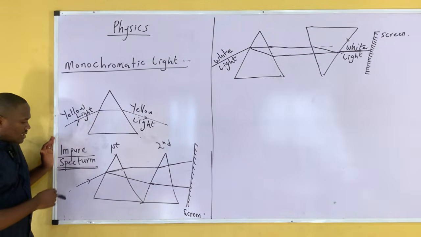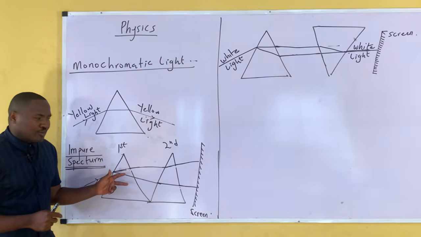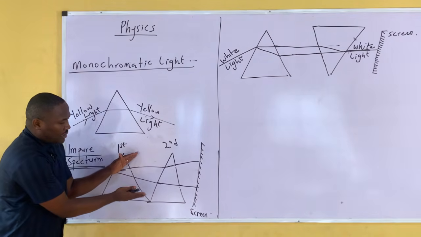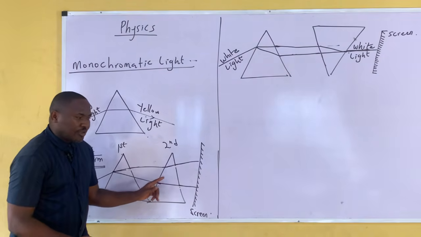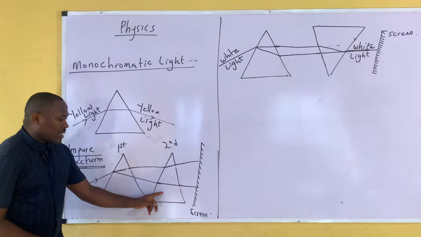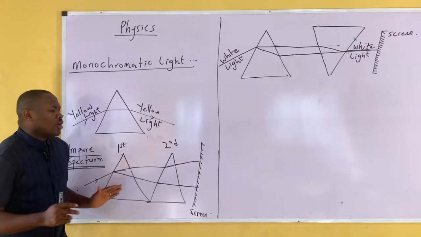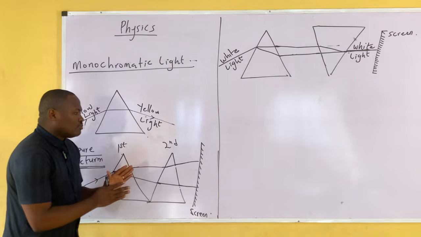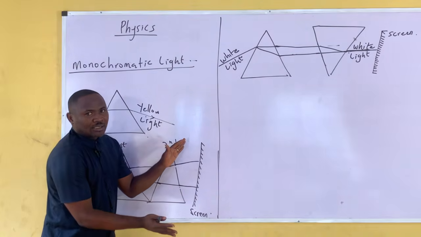Now, in this case, white light passes through the first prism and the colors are spread out. Then, on passing into the second prism, now take a look at this diagram. The first prism and the second prism are standing erect. The final colors that will be produced on dispersion will be more widened.